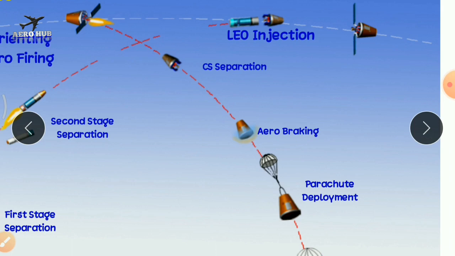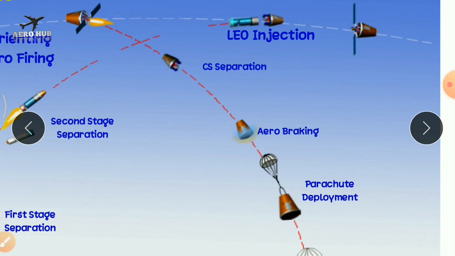That is mainly caused by the friction between the atmosphere and the capsule. Due to the friction between the atmosphere and the capsule, there can be a decrease in the altitude or a change in the altitude and attitude of the capsule. This is called aero braking.